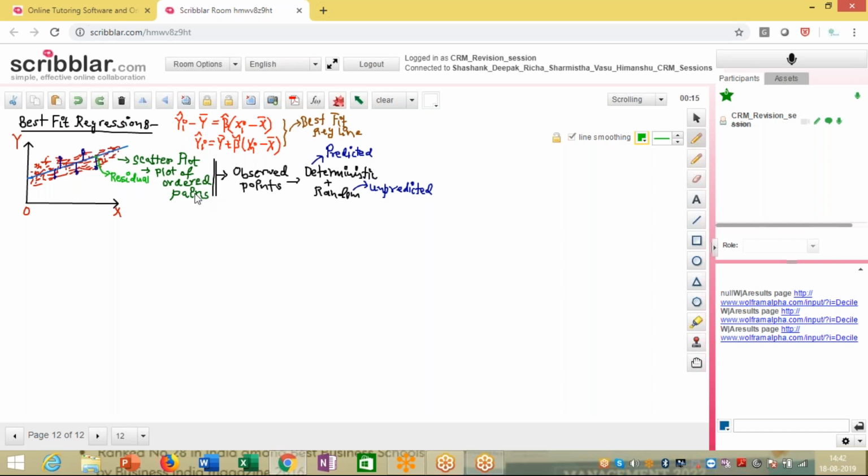So the residual is the part which has not been predicted by me at a point of time, right?